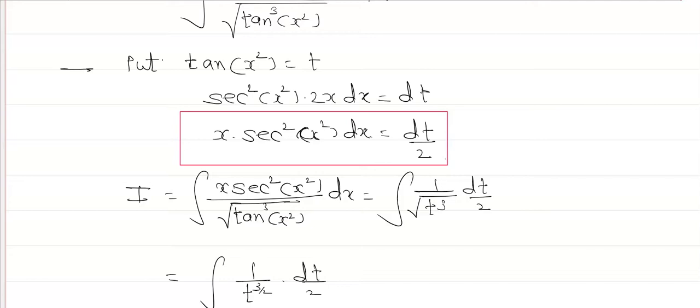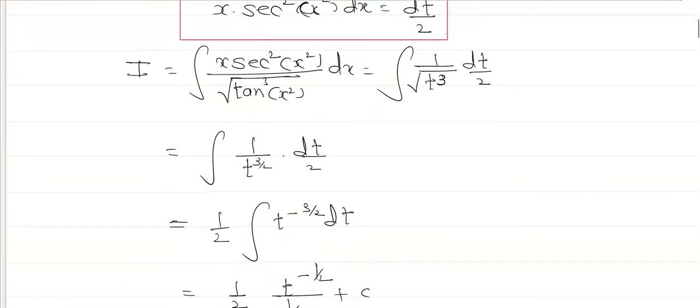Therefore the integral of x sec square of x square over the root of tan cube x square goes to dt upon 2 times 1 upon the root of t raised to 3. Now see this here, the integral of 1 upon root of t cube.